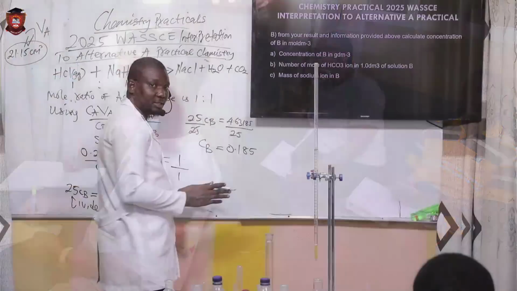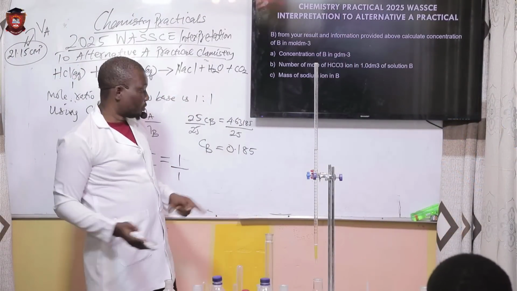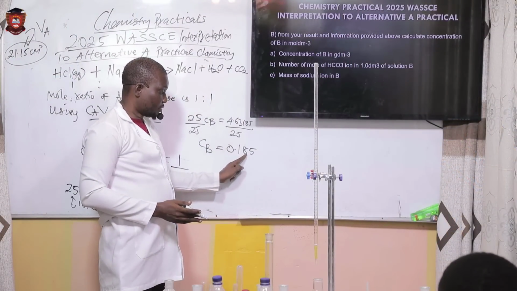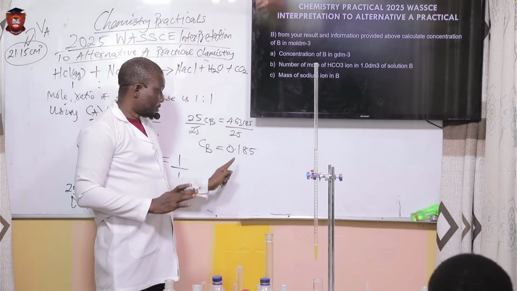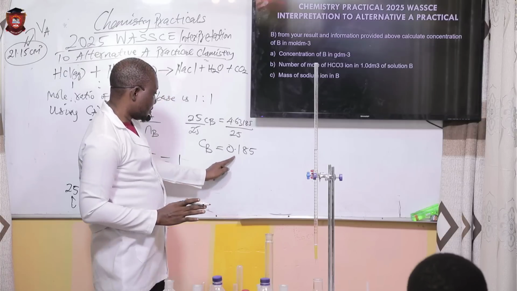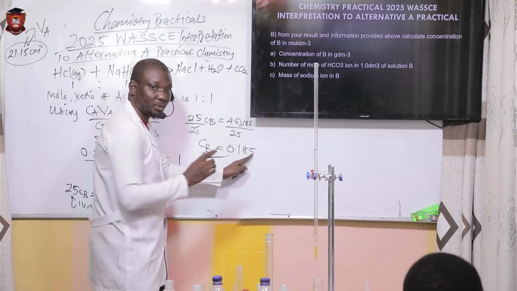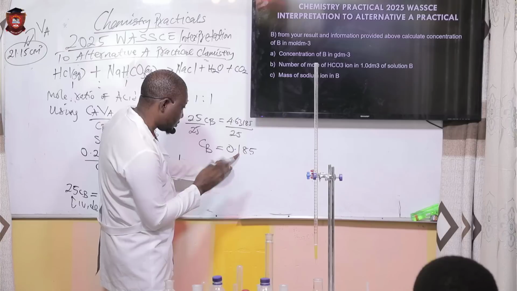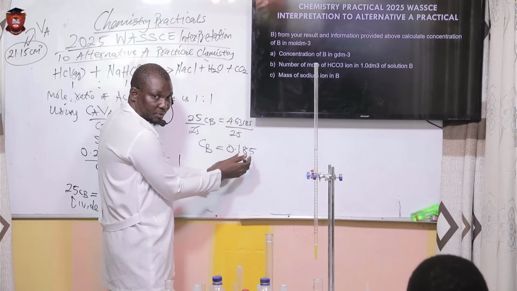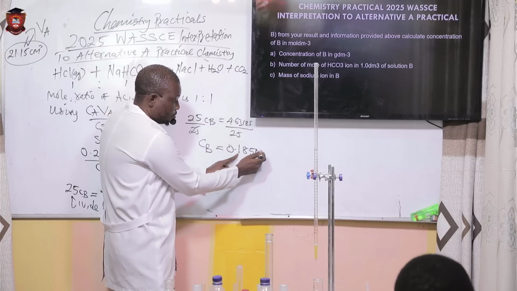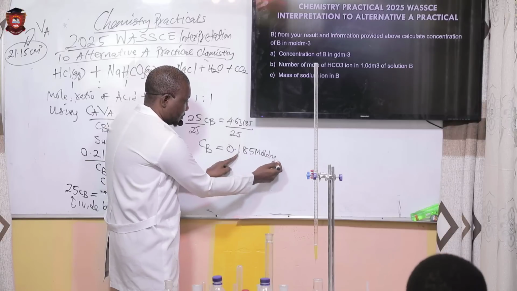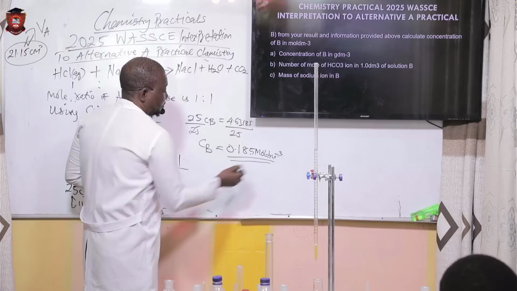Now let me tell you, in this case you don't need all those long numbers. So far you have this number, it's okay. Trace enough figures. What do you have here as the unit? Mole per DM cubed. That's where you stop.